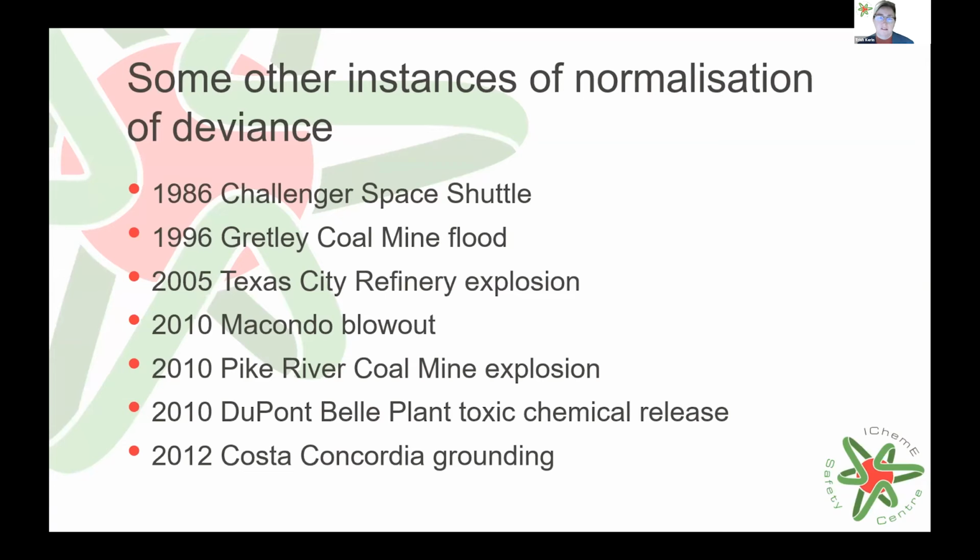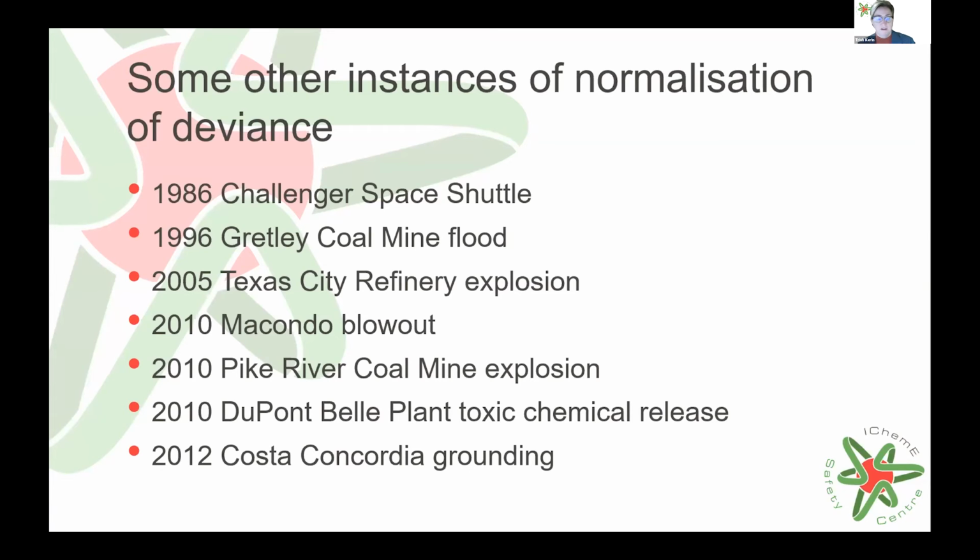They normalized overfilling the tower as normal, and that is how you started up. Sadly, in this instance, 15 workers were killed in the explosion after that tower overfilled, leaked out, and found an ignition source and exploded.